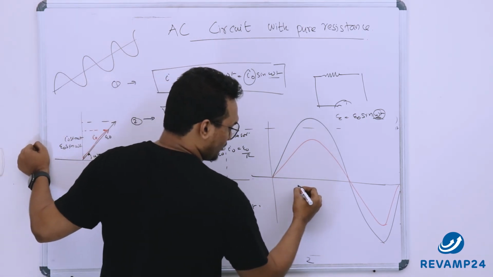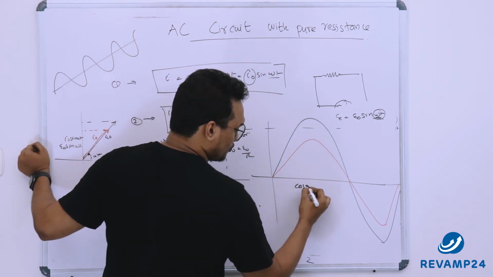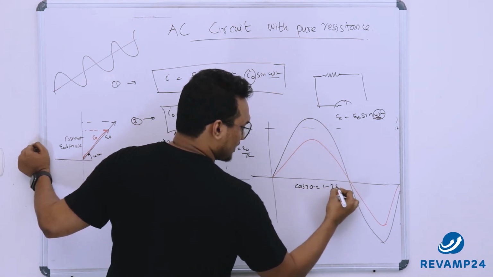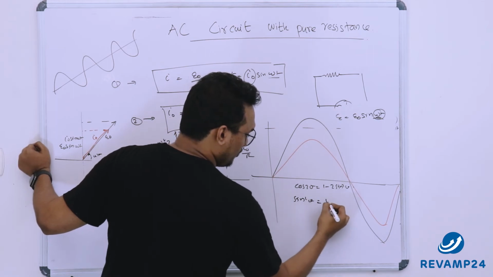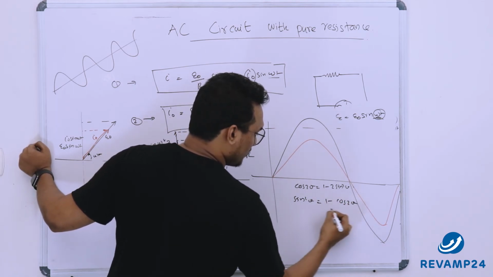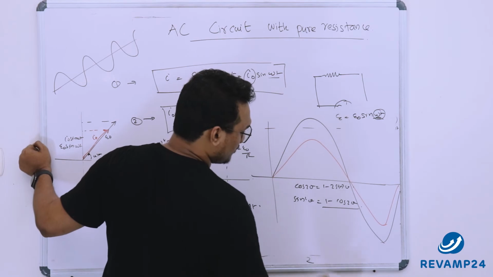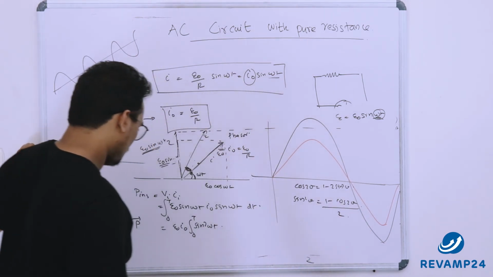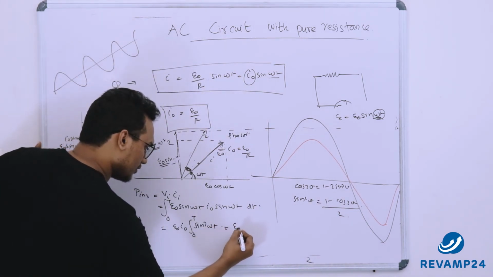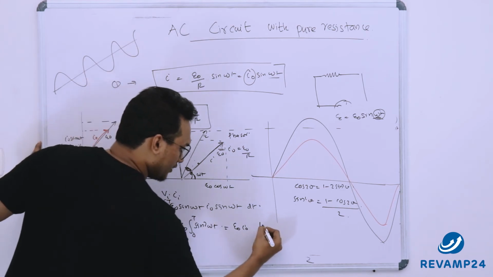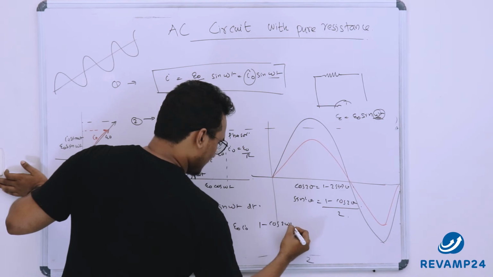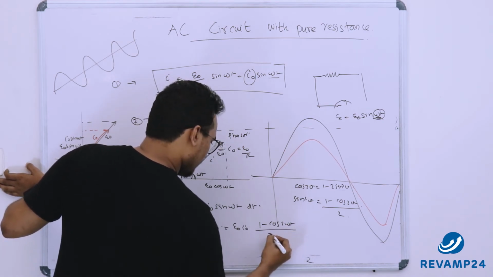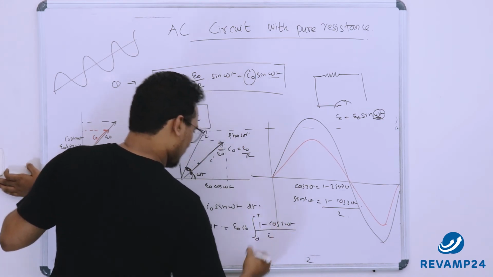And I told you last time cos 2 theta is equal to 1 minus 2 sin square theta. So sin square theta is equal to (1 minus cos 2 theta) divided by 2. So this would be E0 into I0 into (1 minus cos 2 omega t) divided by 2, integral 0 to t.